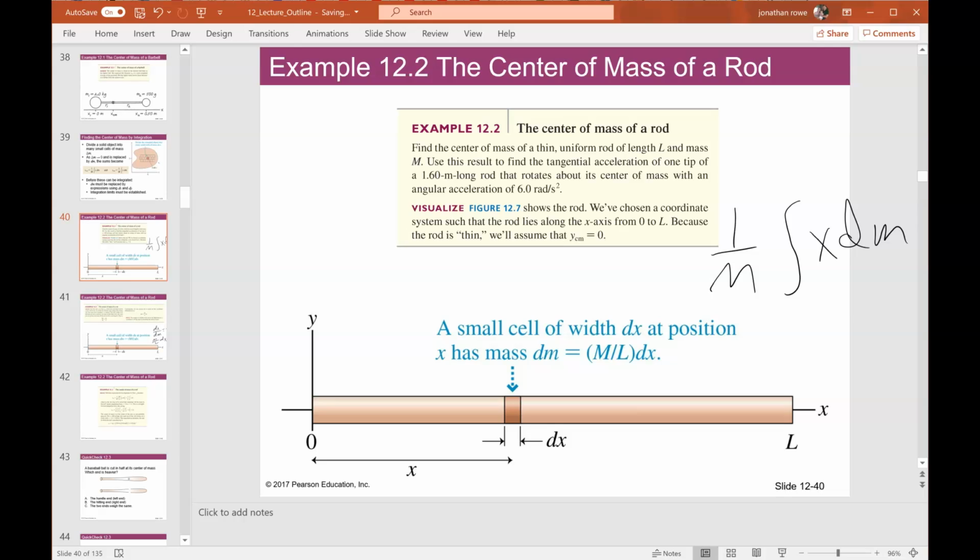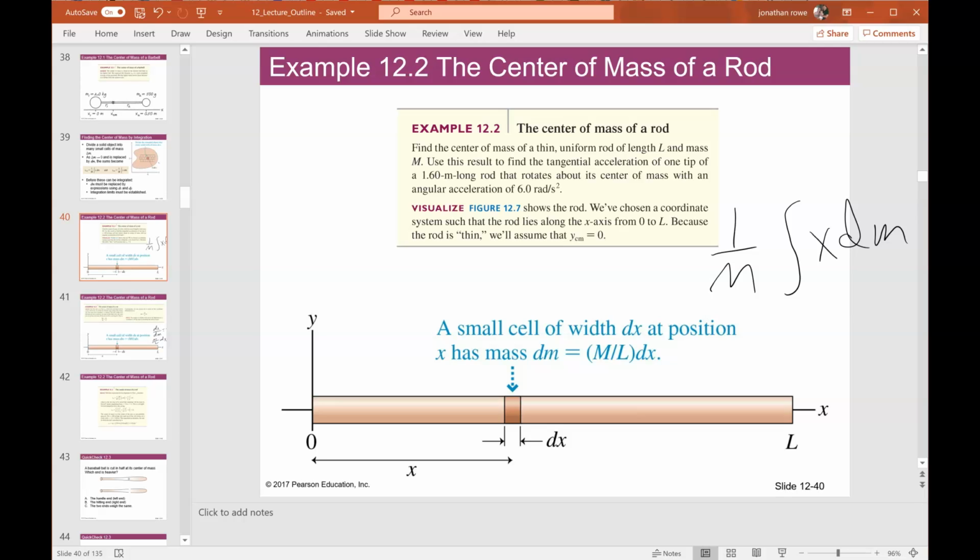We could say here that as you change x by just a little bit, then the mass is going to change by a little bit. If you have 0 change in x, you're going to have 0 mass. Like if you're just a line, then you're going to have no mass. But if you change by just an infinitely small amount, then the mass is going to change by an infinitely small amount.